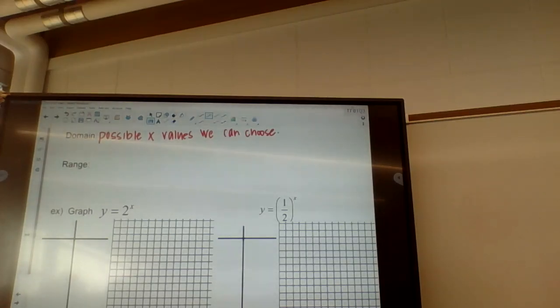The possible x values we can choose, it's for the exponent, so the exponent really can be anything. So we're going to say that x can be all real numbers. And this will be the case for every one of our problems today. What that means is we can choose anything. Now, there's going to be points that are better than others.